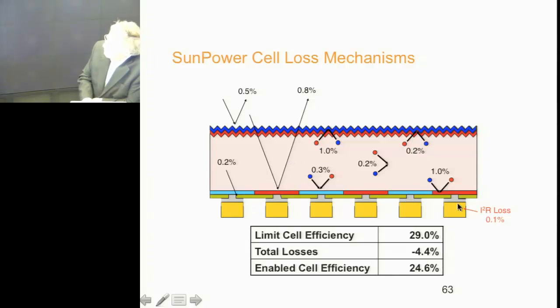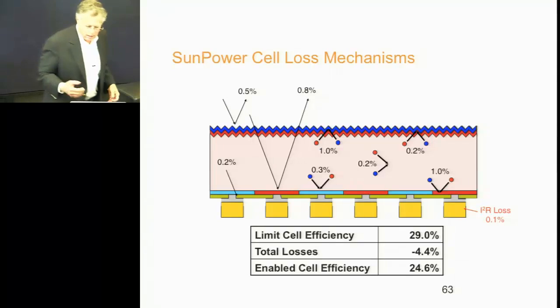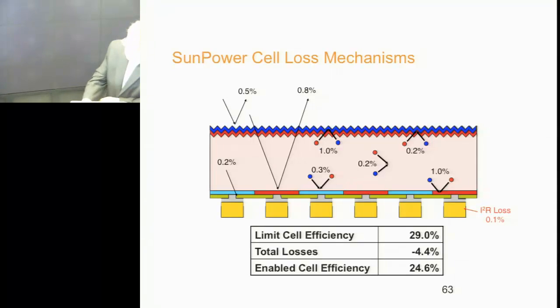At every point within the cell, we know what it's recombining. And if you add all those up, it's 4.4%. The thermodynamic efficiency that's possible is 29. So you can see the cell is basically 24.6, which is what a modern Sunpower solar cell runs at.